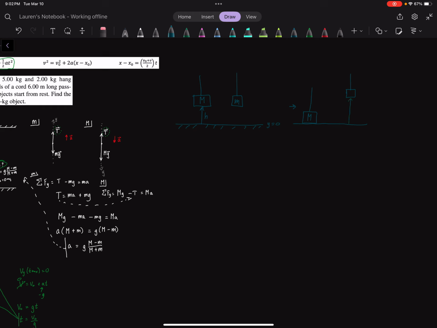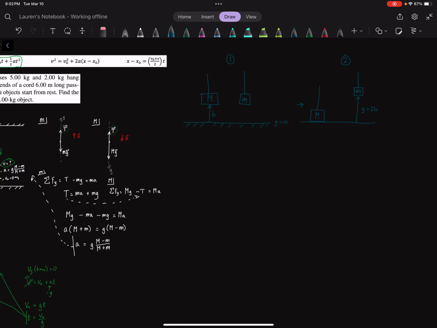So here, if this is our 1 and this is our 2 for our energy problem, then y here would be 2h for this little m guy. All right. And then we can solve for whatever velocity this is that it has, right? And big M is going to have some velocity too. It hits the ground and then eventually it rests on the ground, but at that very moment, right when it hits, it has some velocity.